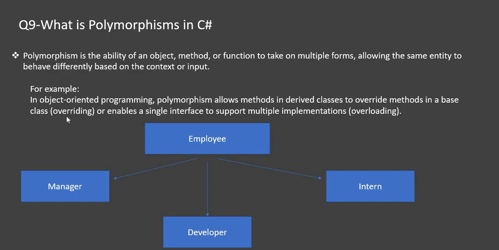For overriding, we can override base class methods in derived subclasses, the child classes. But in overloading, we have no subclass or superclass, which means we are not using inheritance. For overloading, we have the same class, but it has different methods with different signatures.